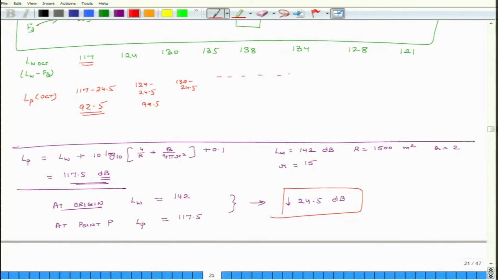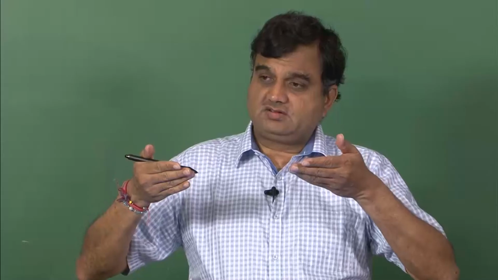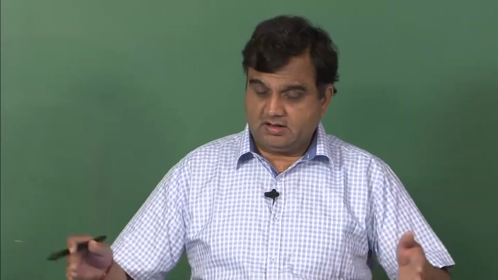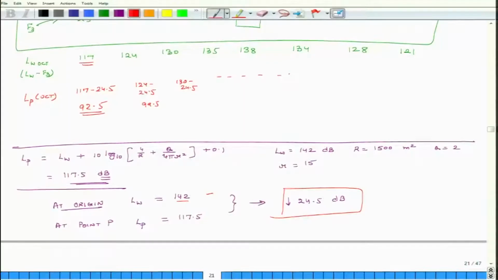These subtractions can be done directly based on the understanding that when sound power level increases by a factor of, let us say, 2, sound pressure level will also proportionally rise. If sound power level goes down, sound pressure level will also proportionally go down. In linear scales it will be a constant factor; in logarithmic scales it will be this constant difference.